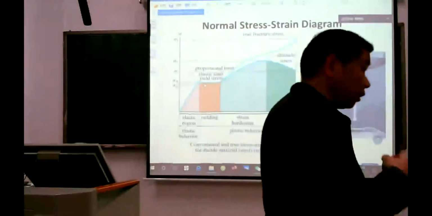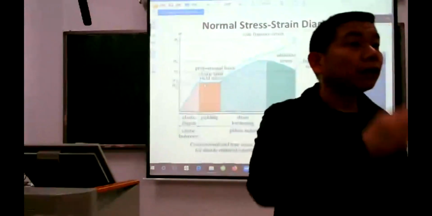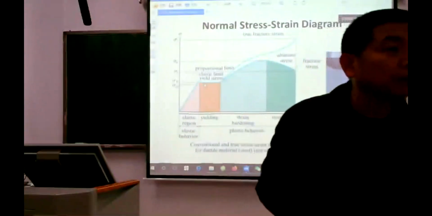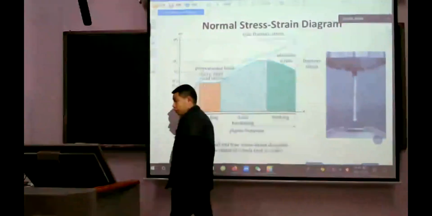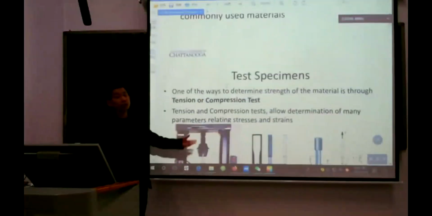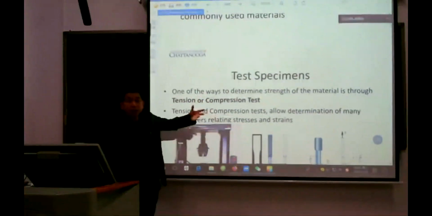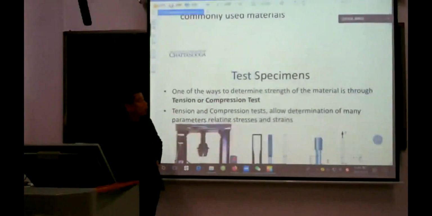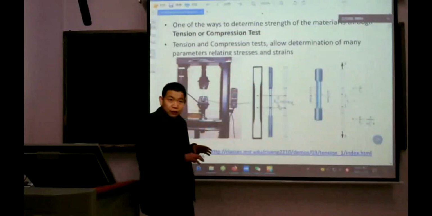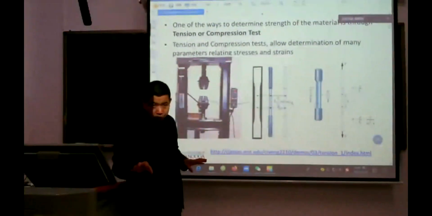The elastic limit is a property of the material. We get it from experiment, from the test. At first, we have to make a test specimen. Yes or no? Because different materials have different properties.